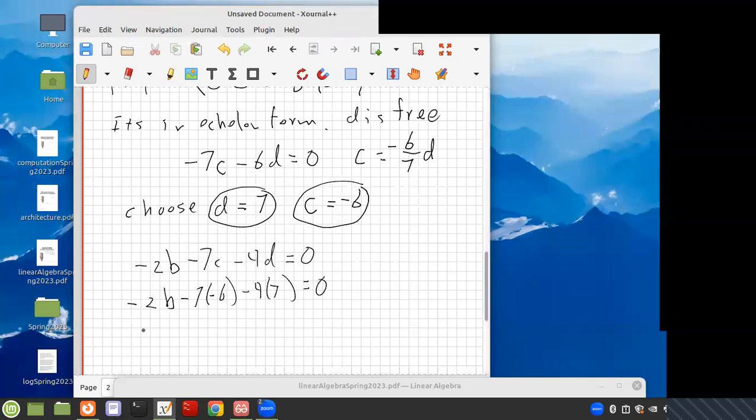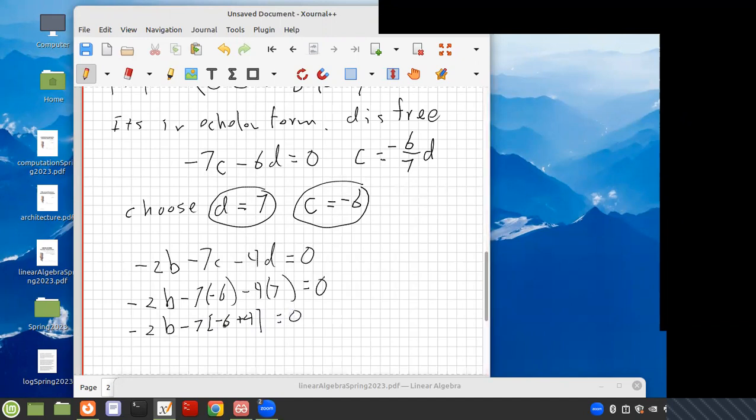Doing the arithmetic, 6 sevens is 42, and this is minus 4 sevens. Well, that's not the smart way to do it. I have a minus 7 here and a 7, so I could write this as minus 7 times minus 6 plus 4 equals 0.